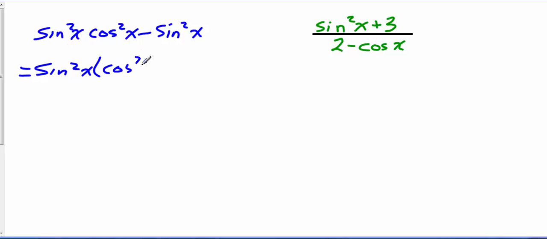This will leave me with cos squared x minus 1. And I know that negative 1, or well, the 1 specifically, is sine squared plus cos squared, and so at this point I might want to consider doing something with that. I could put in sine squared plus cos squared. Let's just see where that leads us.